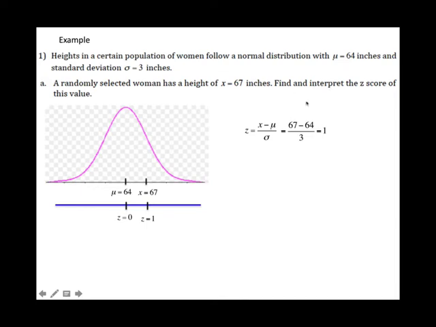So what does it mean when the z-score equals 1? We could say that a height of 67 inches is 1 standard deviation above the mean height of 64 inches. 67 is the x, and this is 1 standard deviation above the mean height of 64 inches.